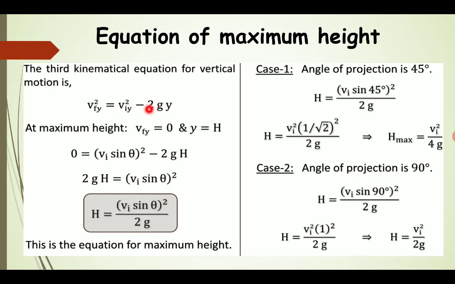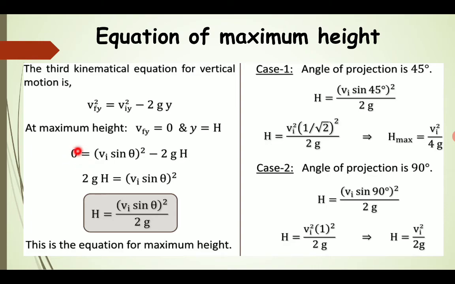But acceleration due to gravity is minus g, so near the surface of earth the equation becomes v squared equals the initial velocity squared minus 2 g times the height of the projectile. At maximum height, the final velocity becomes 0, and y is the maximum height, so we replace y with h and substitute the values.